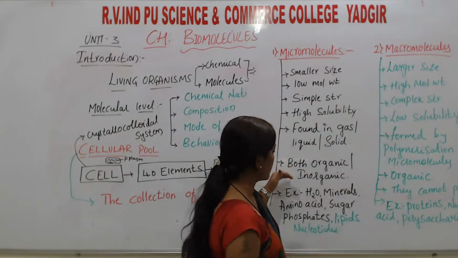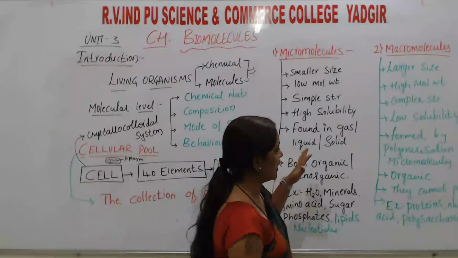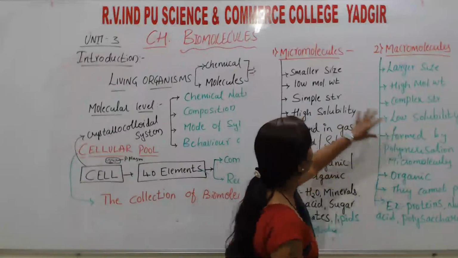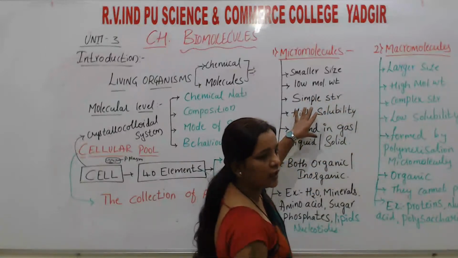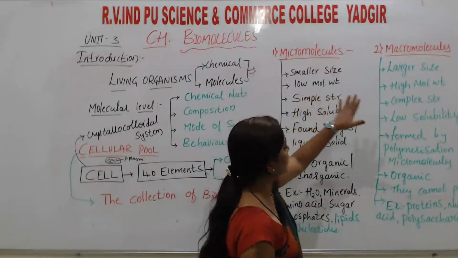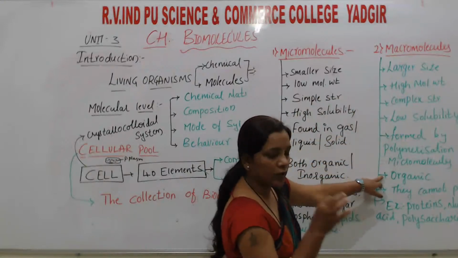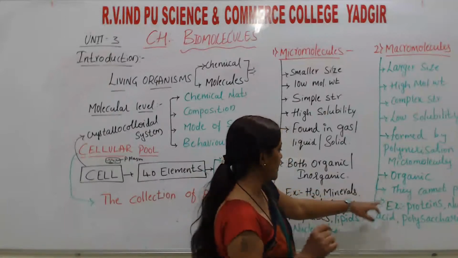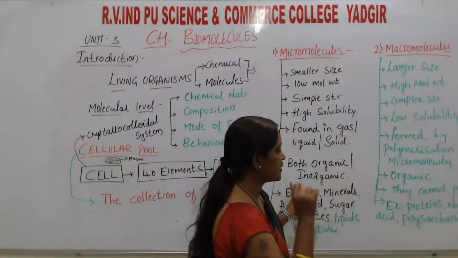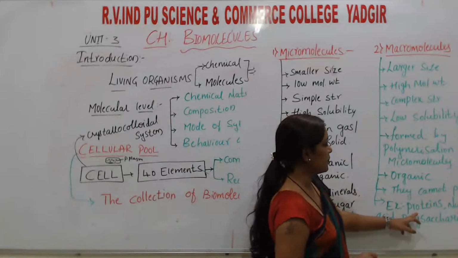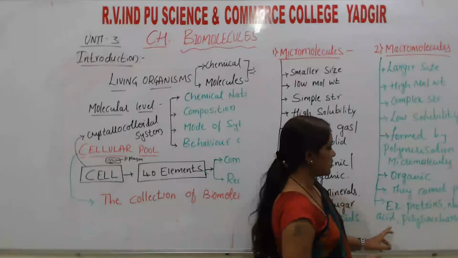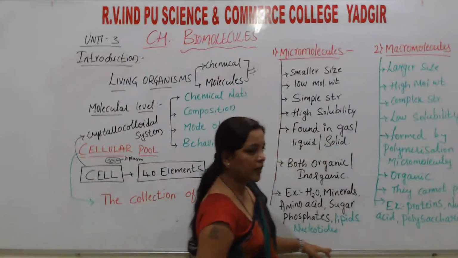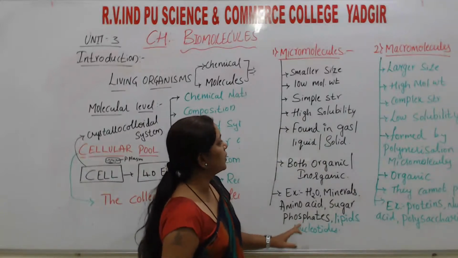Micromolecules are found everywhere, existing in organic and inorganic forms. Macromolecules are formed by polymerization and condensation of micromolecules, are compulsorily organic, and cannot pass the cell membrane, while micromolecules can. Examples include protein, nucleic acid, and polysaccharide, which are formed from micromolecules.